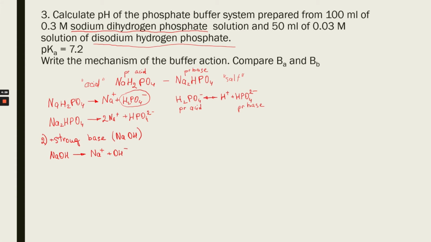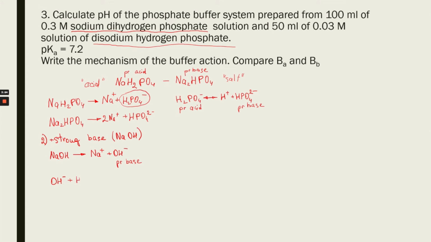And this hydroxide ion is a protolytic base. So let's look at the buffer components. It can interact with protolytic acid, with sodium dihydrogen phosphate. Sodium dihydrogen phosphate exists also in form of ions, so we consider only dihydrogen phosphate ion.